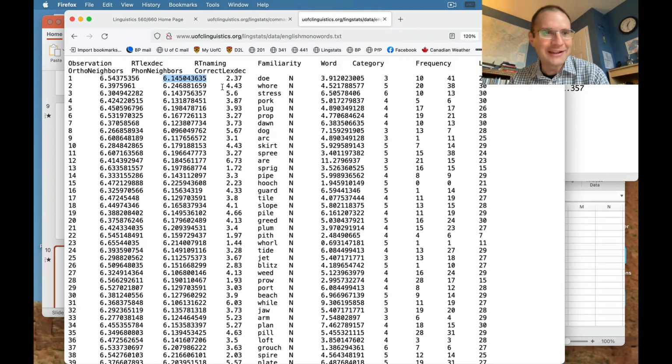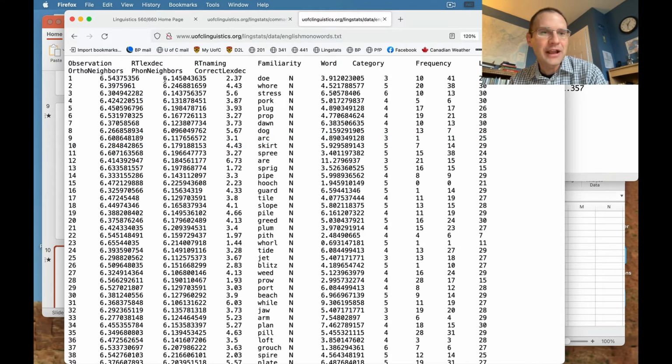But again, don't worry about it. It's just a number, and bigger numbers mean longer time, and smaller numbers mean a shorter amount of time. So this would be a shorter amount of time. The word skirt, let's see, the one right above it has a longer amount of time. So that's arc, ARC, and so on and so forth.